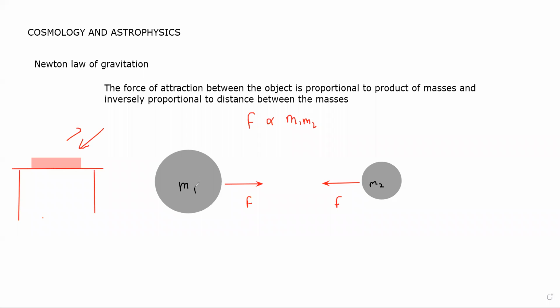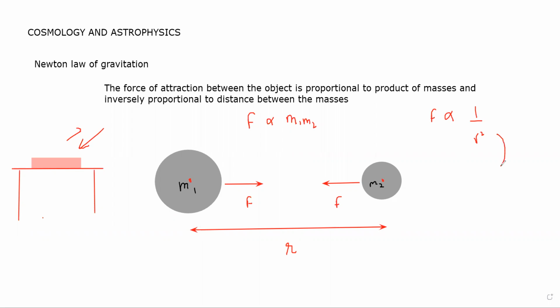For example, this is the center of m1, this one is the center of m2. So this force is inversely proportional to the square of the distance between the two masses. If this distance is given by r, so F is inversely proportional to r square. What does this mean? It means it follows an inverse square law.